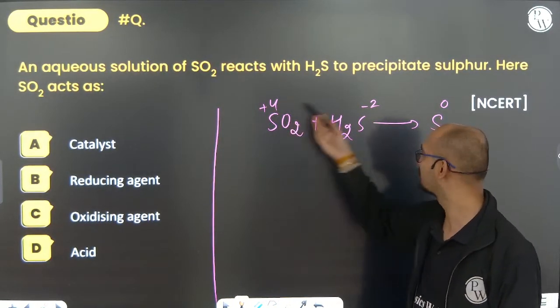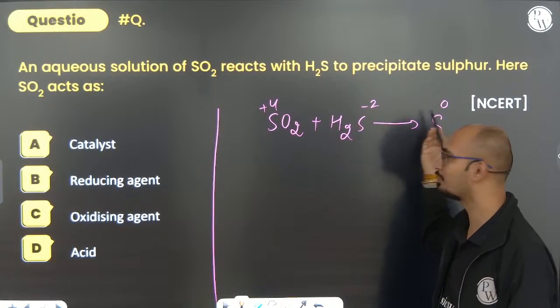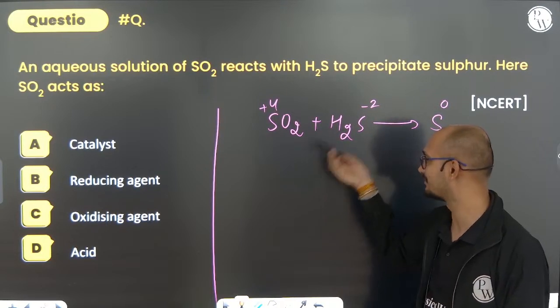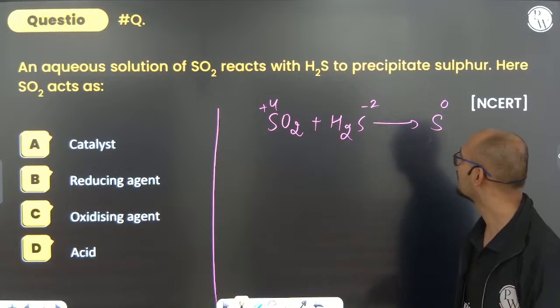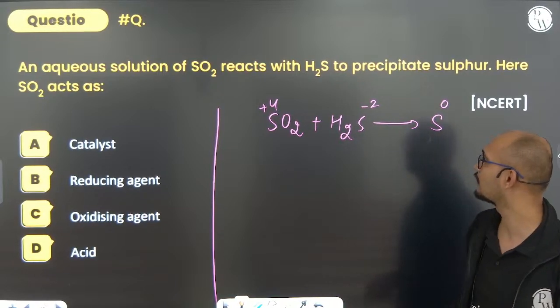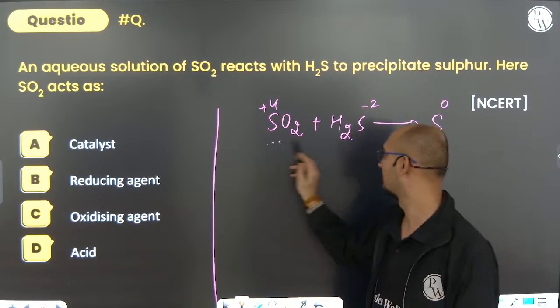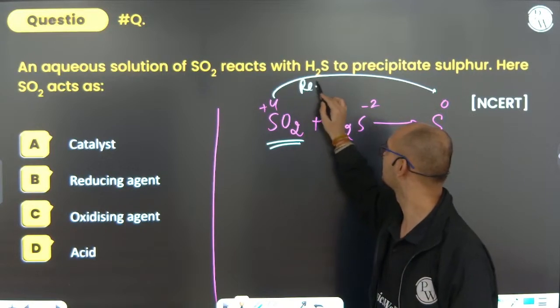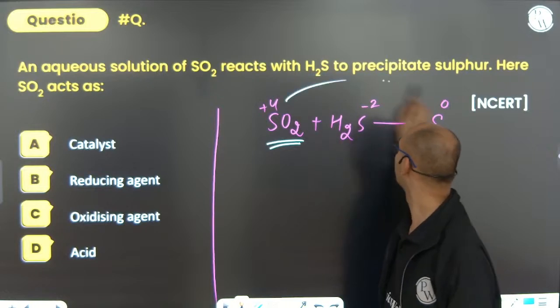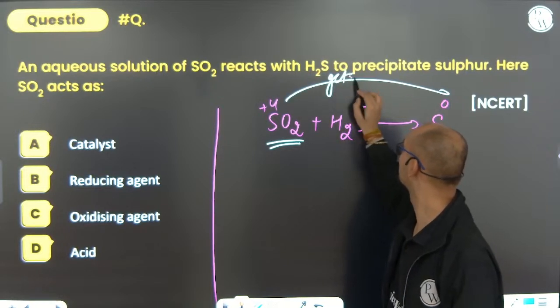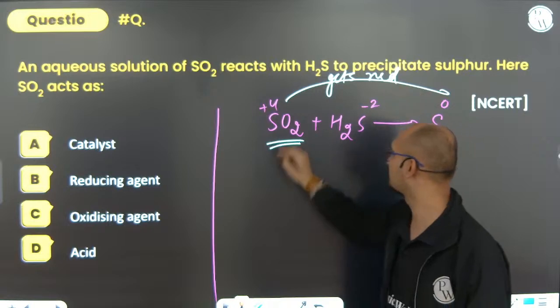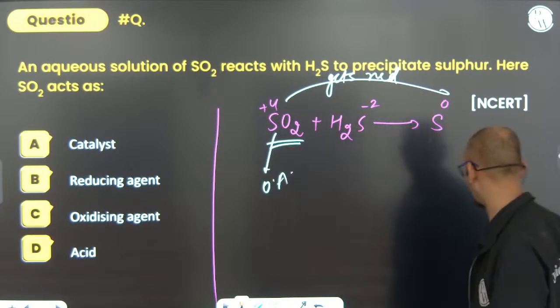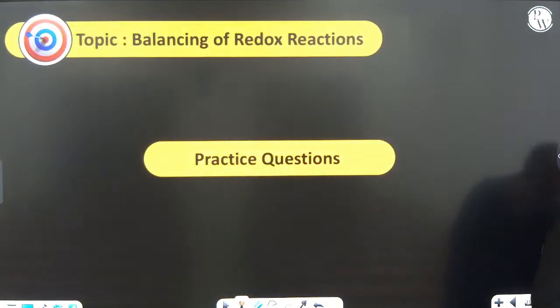Yes or no? +4 to 0 reduction, -2 to 0 again oxidation. Okay, that's not the point. The point is what the question is asking: SO2 acts as. Can you see that it is getting reduced? If something gets reduced, it acts as an oxidizing agent. Not a big deal. I hope you all understand it very well.